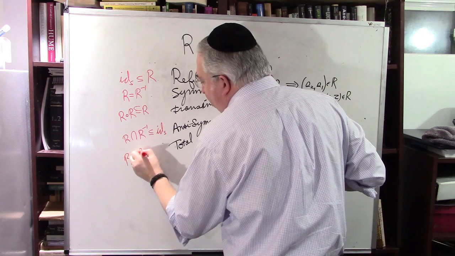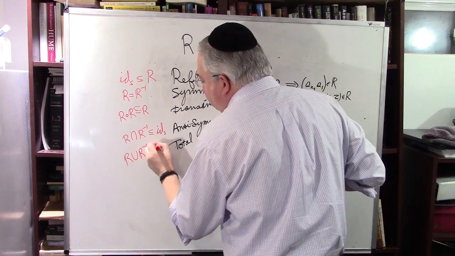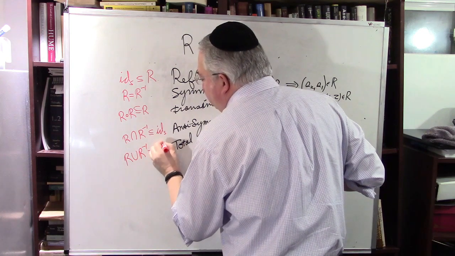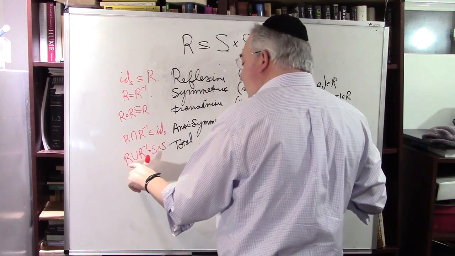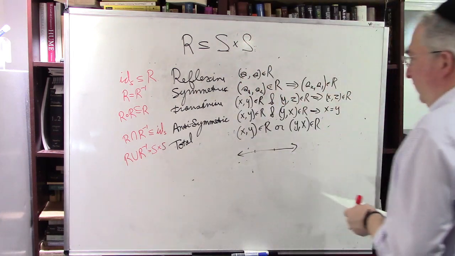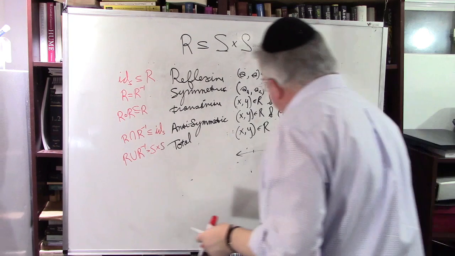R union R inverse is equal to S cross S. In other words, everything's either here or there. Okay, great.